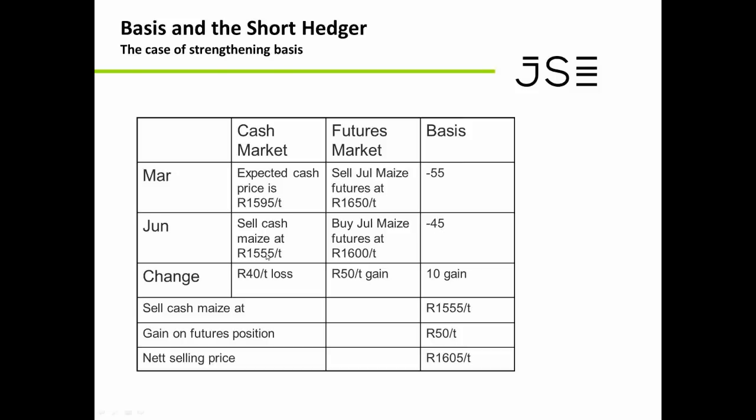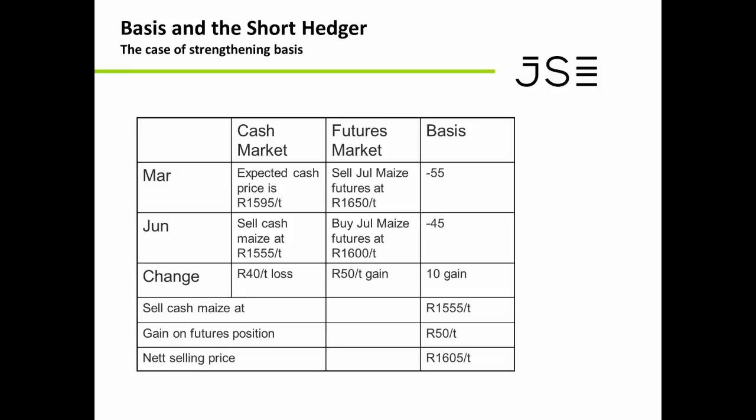And again, if we look at the final position of the farmer in June, he would have sold his maize in June in the cash market at the going price, which is that one there, 1555. He gained 50 rand from the futures contract, and the overall position would then be 1605.